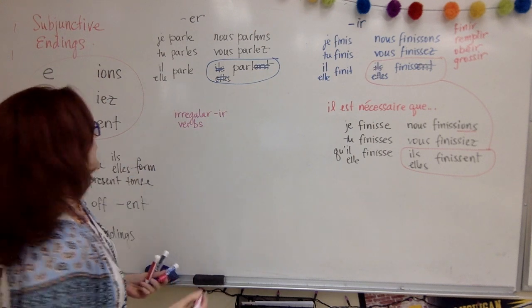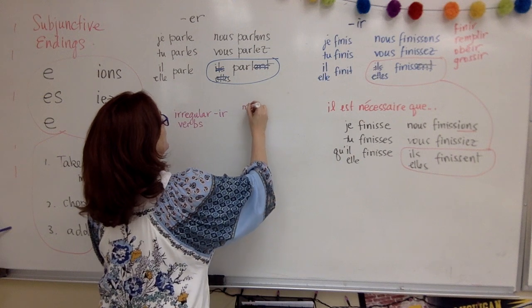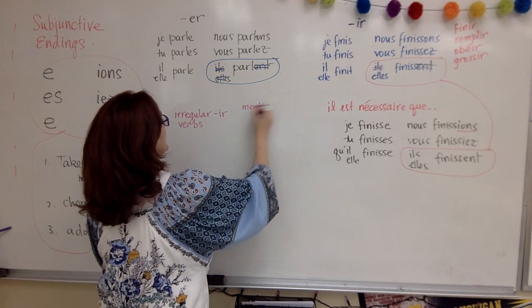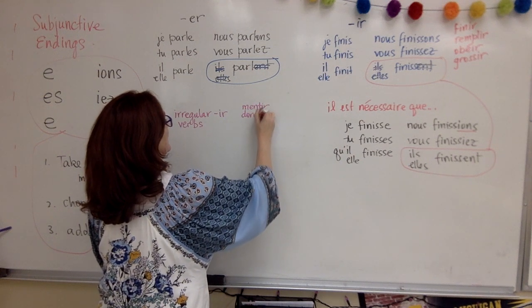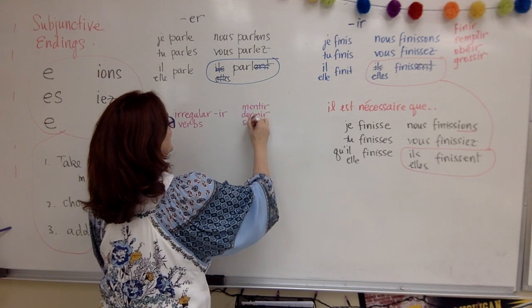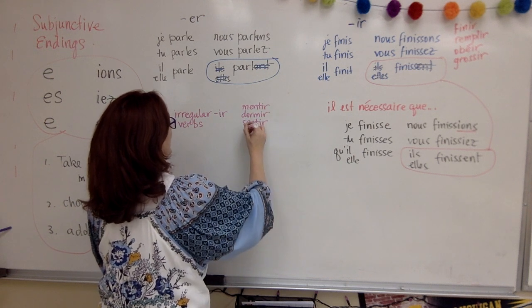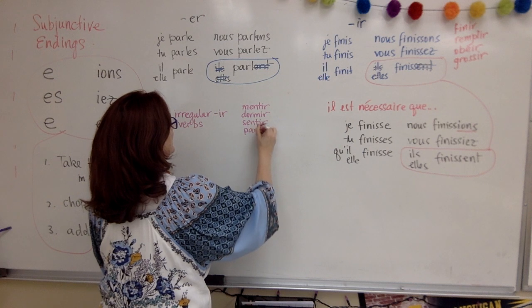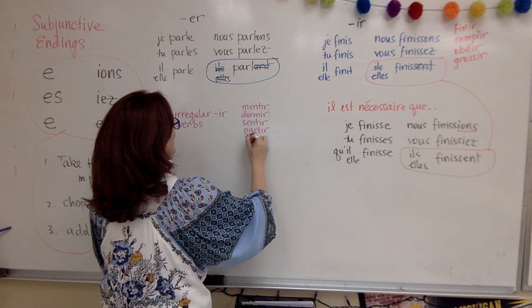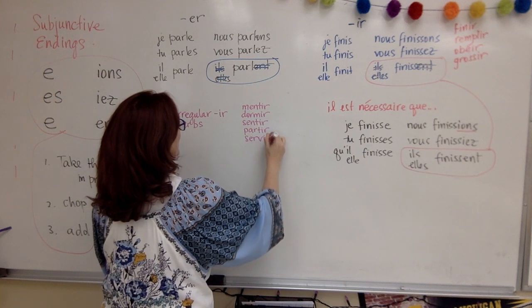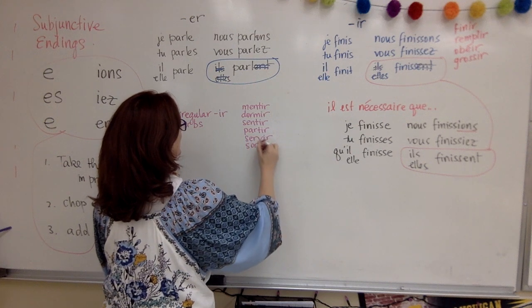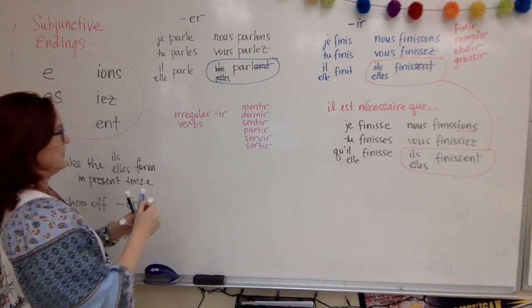Can you guys remember what irregular IR verbs are? We have mentir, dormir, like Matt said, sentir. We have partir. We have servir. And we have sortir. And there's a few others, but let's just look at these right now.